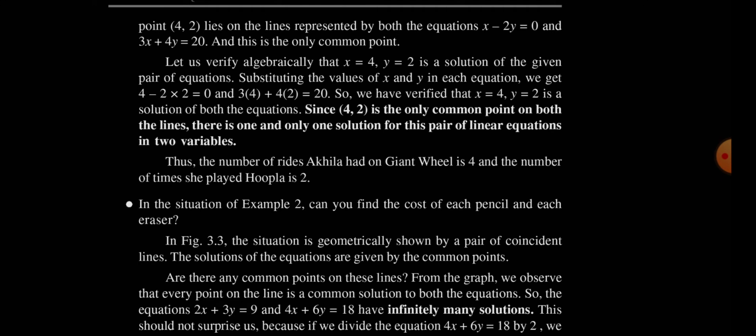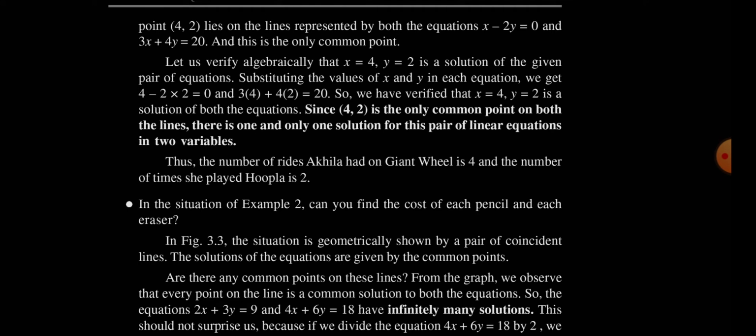In the situation of example 2, can you find the cost of each pencil and each eraser? In figure 3.3, the situation is geometrically shown by a pair of coincident lines. The solutions of the equations are given by the common points. Are there any common points on these lines?